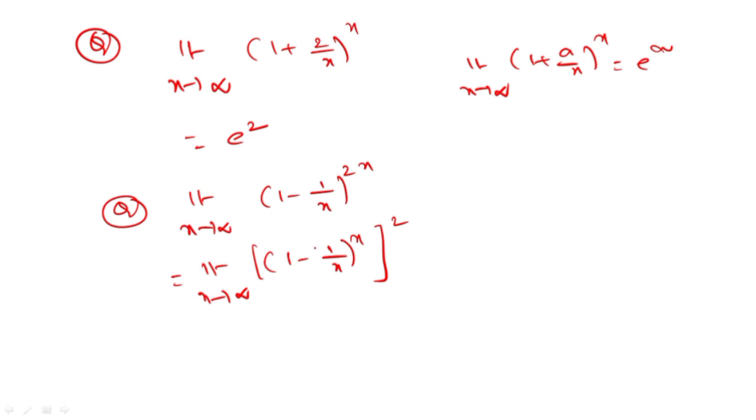For this, instead of a we have minus 1, so e power minus 1 whole square, that is e power minus 2. That is how we can apply it.